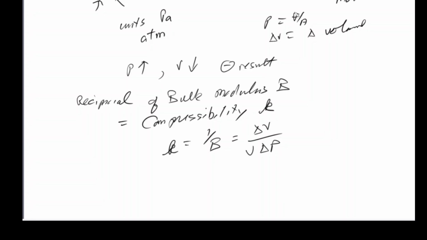This gives the fractional decrease in volume, delta V over V, per unit increase in pressure that a body undergoes. And the units for that are 1 over the pascal, or atm to the minus 1.